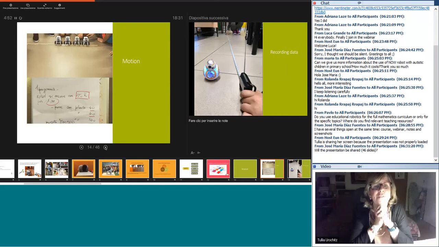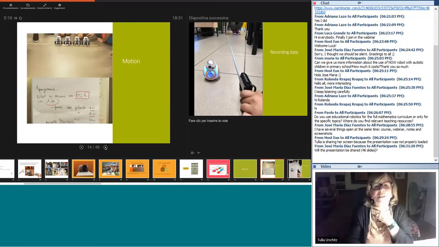Again, if they are in the secondary school, they already know something about motions, so they can go deeper in the task.